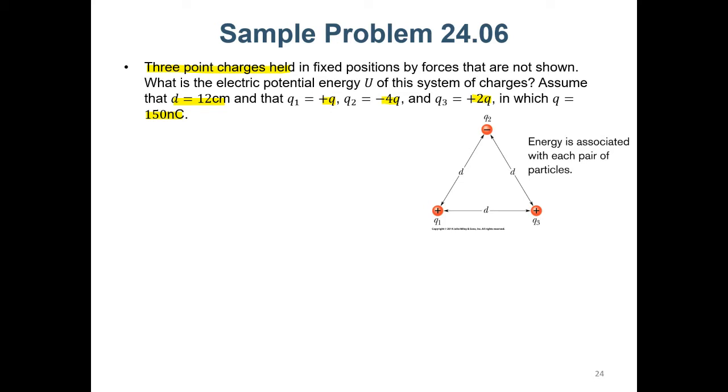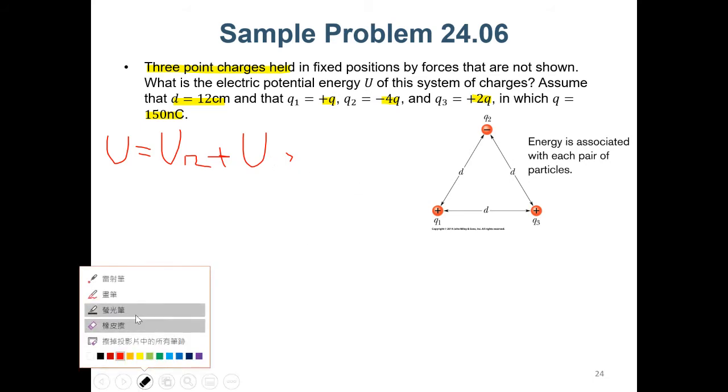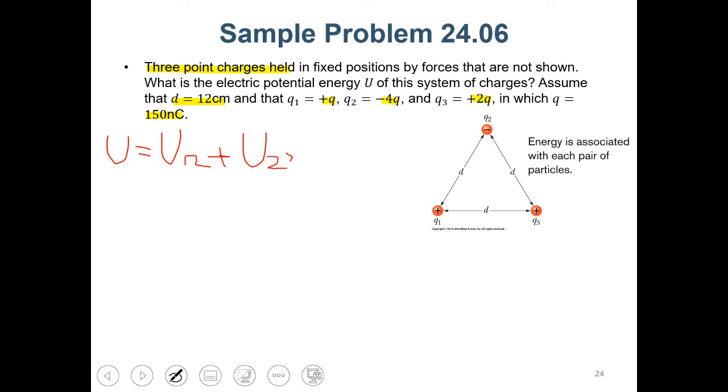Okay. So calculating the scalar sum is simple. We don't really need to care about the direction. So U will be U12 plus U23 plus U31.